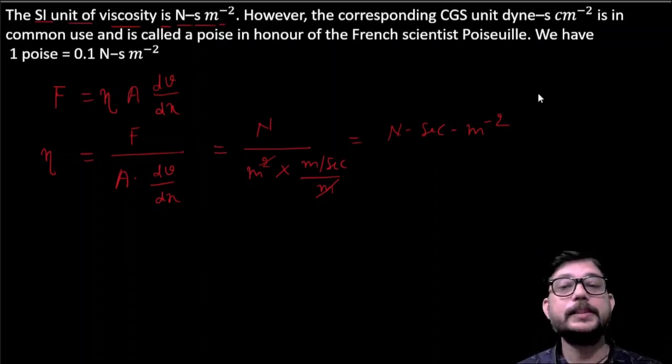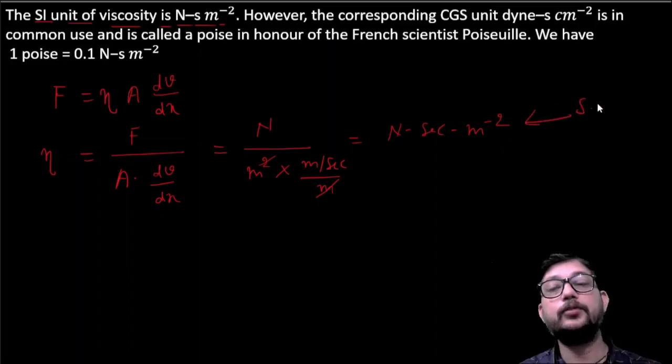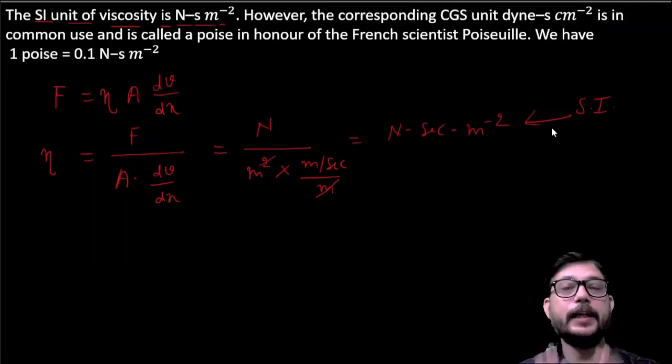So this is your SI unit system, or international system. In SI, the unit of viscosity is Newton second meter inverse 2.